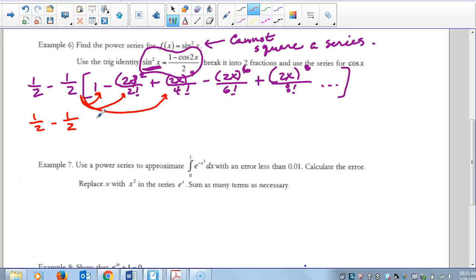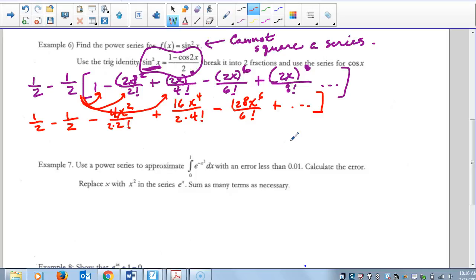So I'm going to have minus 4x squared over 2 factorial times 2, because remember I'm distributing that through, plus 16x to the 4th over 2 times 4 factorial minus, and I believe the next one is 128, 2 to the 6th, x to the 6th over 6 factorial plus, and keep on going.